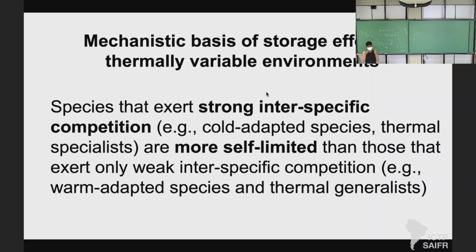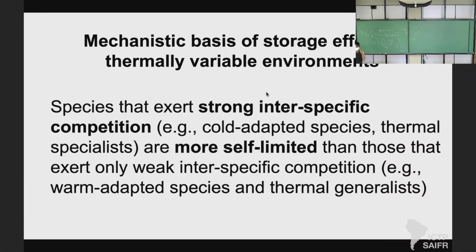If you are a strong competitor on another species, the only way it can coexist with a weaker competitor is if your effect on yourself is stronger than your effect on the other species, right? Because if one species is stronger, there's an asymmetry, because the other species is at an overall disadvantage.